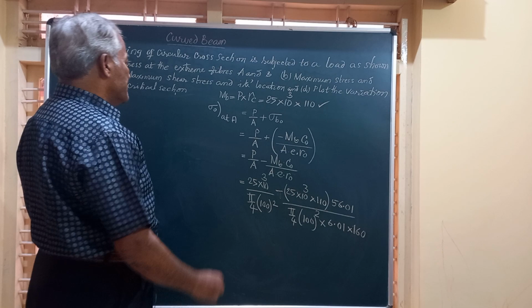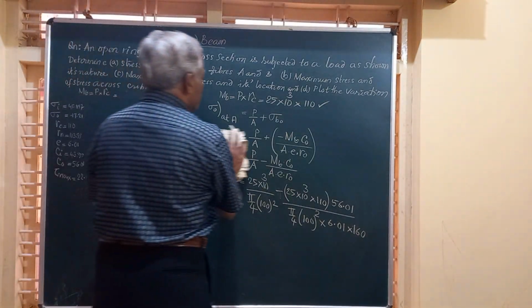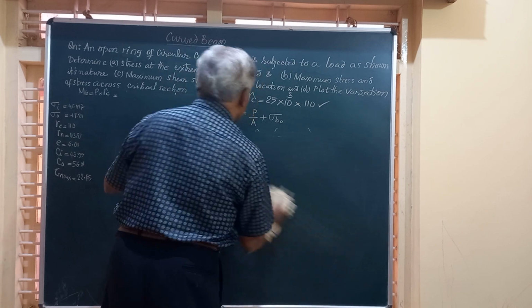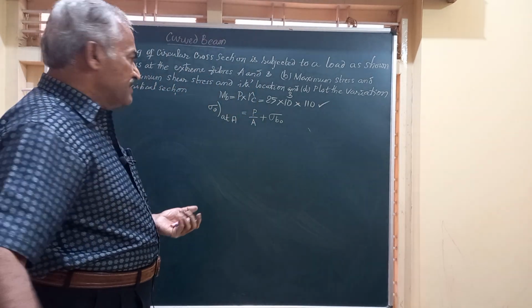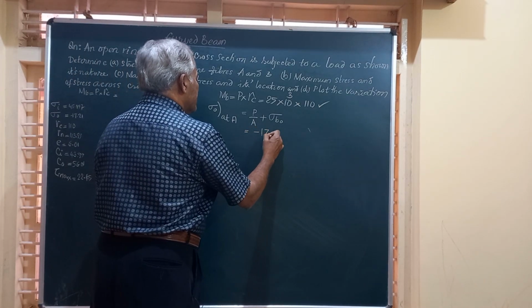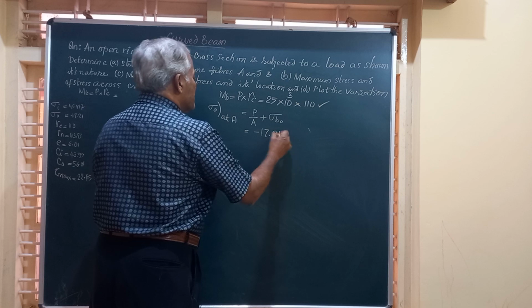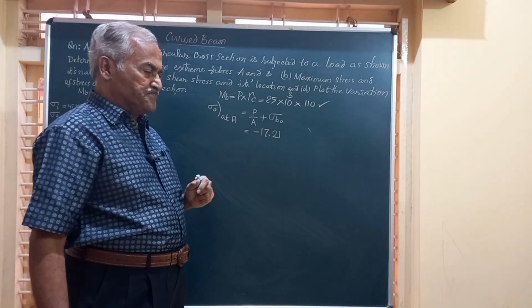So friends, if you simplify this, you will get sigma O at the outer fiber as minus 17.21 minus 70.21. This is the total stress of the outer fiber.